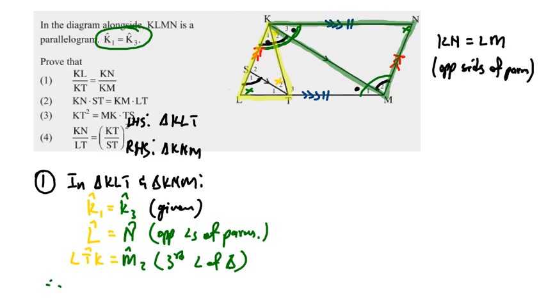Therefore, order must be observed: triangle KLT is similar to triangle KNM. Here, coincidentally, I got the order correct. You know what to do from here.